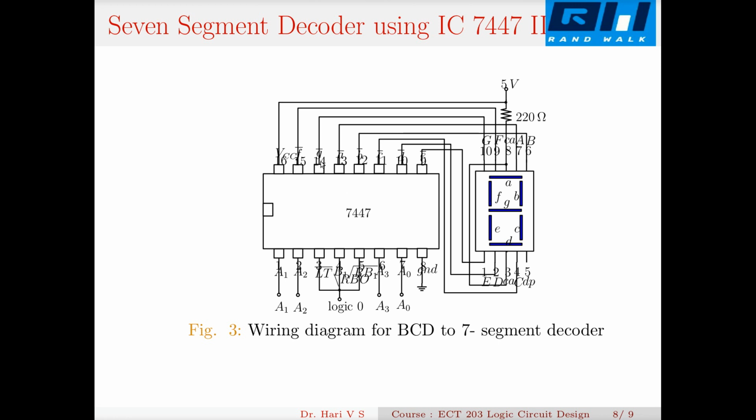Likewise, if G is low, then this G glows. Now when A3, A2, A1, A0 are 0, 0, 0, 0, all these outputs A to G, these pins 15, 14, 13, all become low, and all these cathodes are kept low, so current flows through all these segments and they all glow.